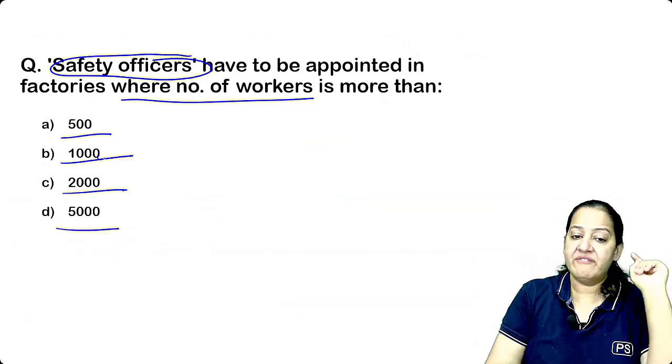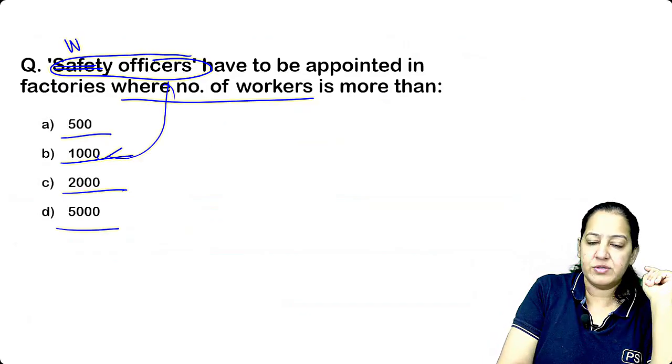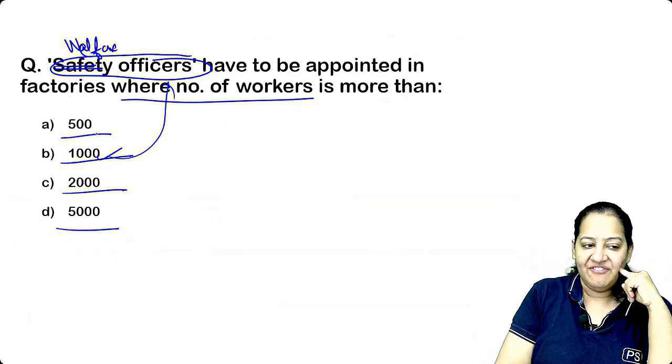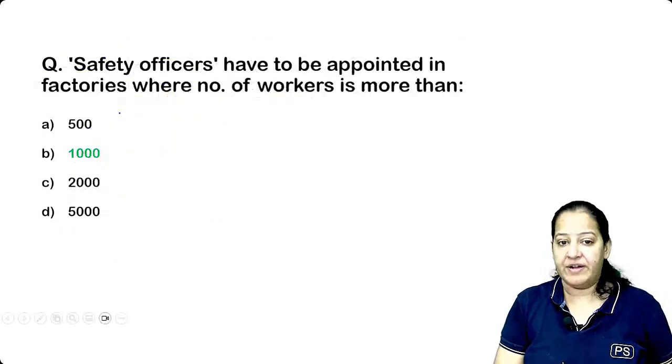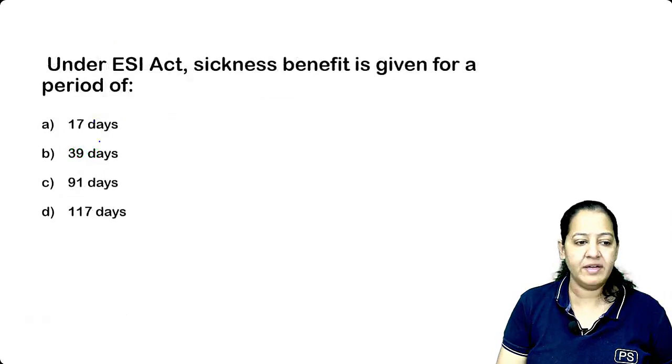Yes, over every 1,000 workers there is one safety officer. If I change the question from safety officer to welfare officer, what is your answer then? Welfare officer is over every 500 workers. So let's move ahead.